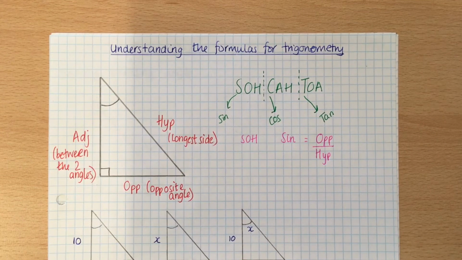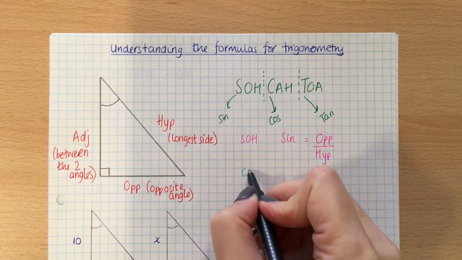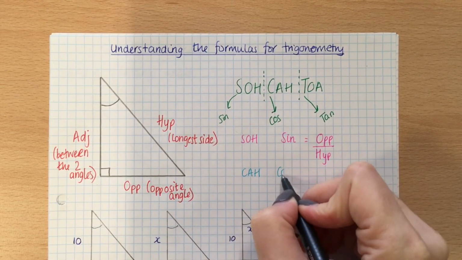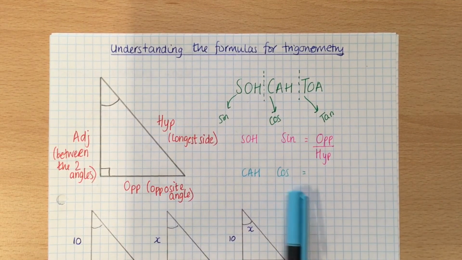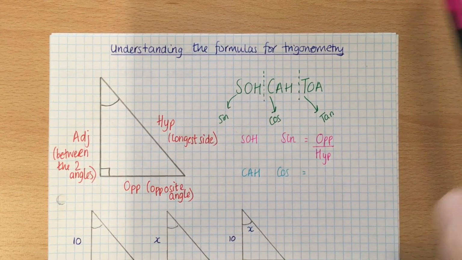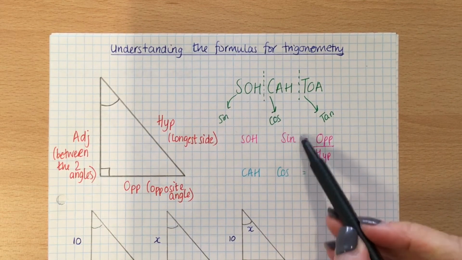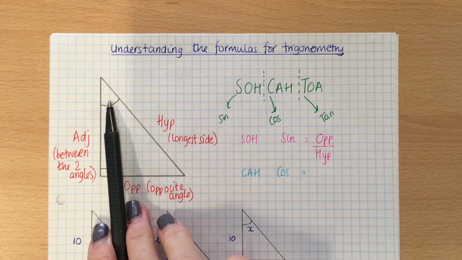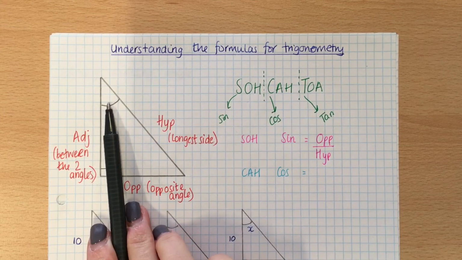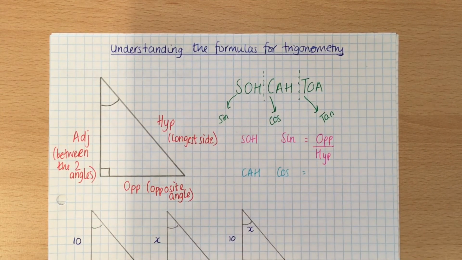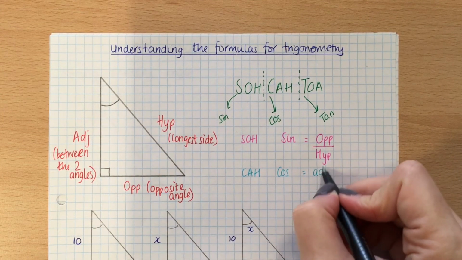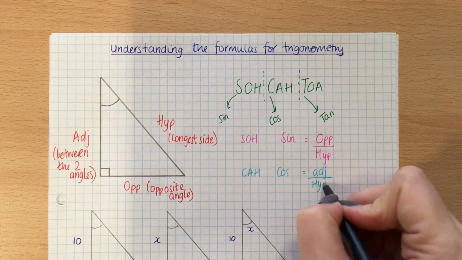So if we do CAH, it's cos equals. Here, sine, cos, and the other one, tan, all link to the angle that's given in the question. That's the angle. So cos equals adjacent over hypotenuse.